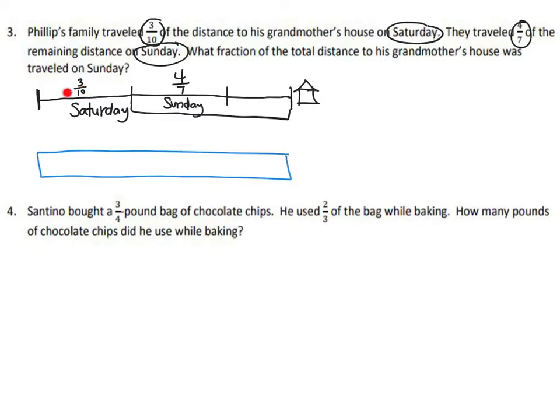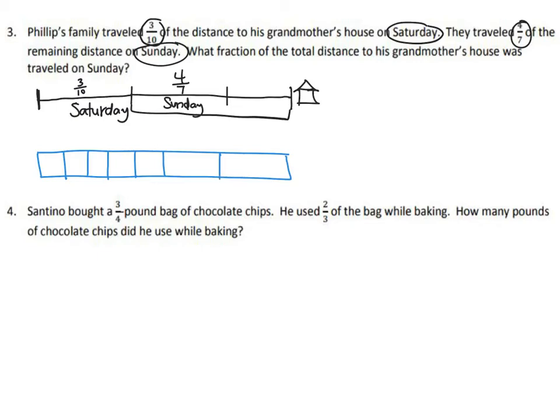We know that at first it said that they traveled 3/10. So when we have the whole, we need to split it into tenths. We do that by splitting it in half. And then we need fifths on each side. So on one side, we're going to take out a little chunk in the middle and then split it into fifths.